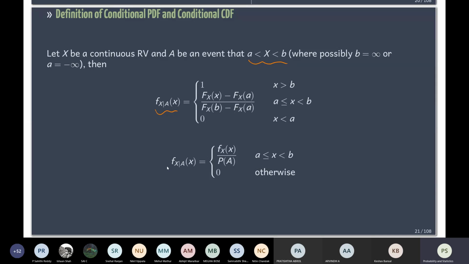We may try to prove this, just to see why this is the case, right?